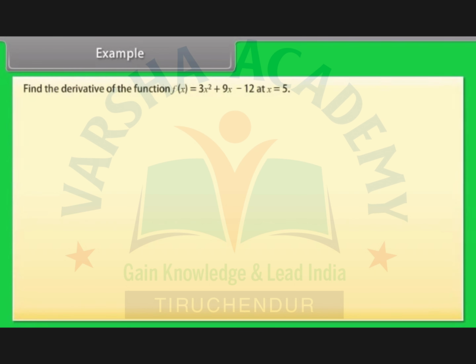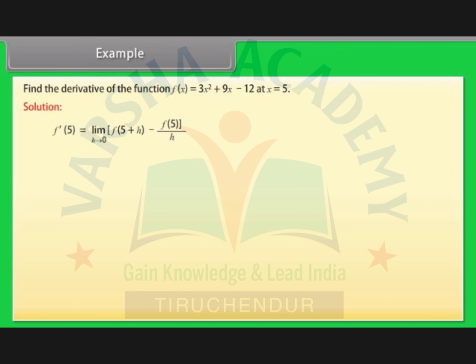Example. Find the derivative of the function f of x equal to 3x square plus 9x minus 12 at x equal to 5. Solution. f dash of 5 is equal to the limit as h tends to 0 of f of 5 plus h minus f of 5, divided by h.